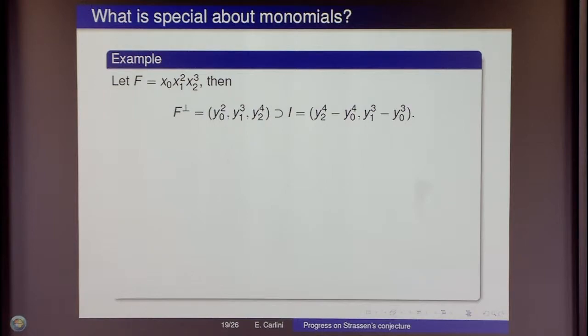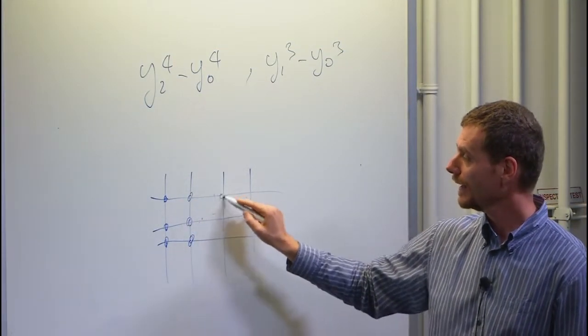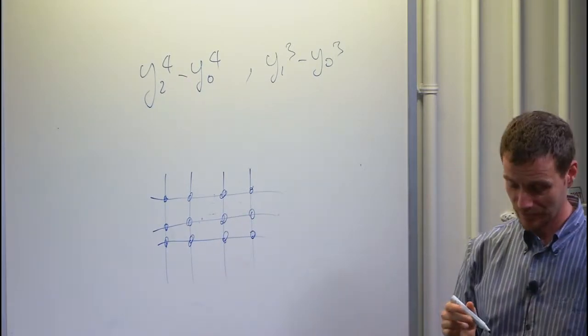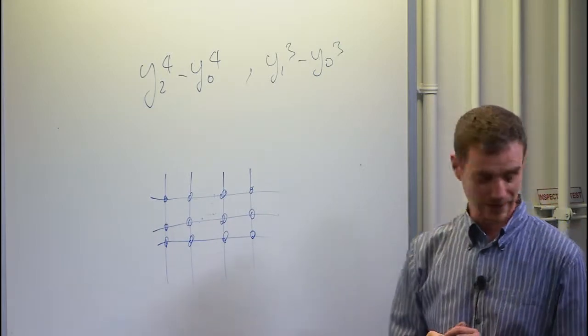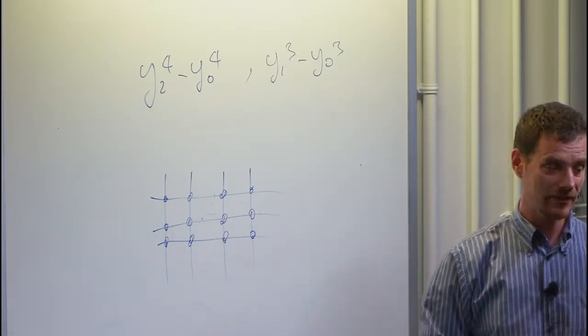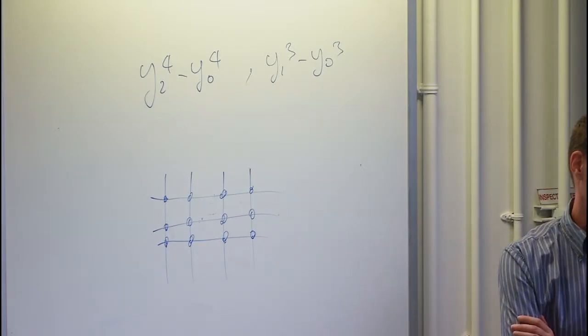So you have this nice grid, and the intersection points of this grid are actually the points of the polarity lemma. So in some sense, I is defining the ideal of 12 points in this precise way. And so by the polarity lemma, you know that the rank of f is at most 12.